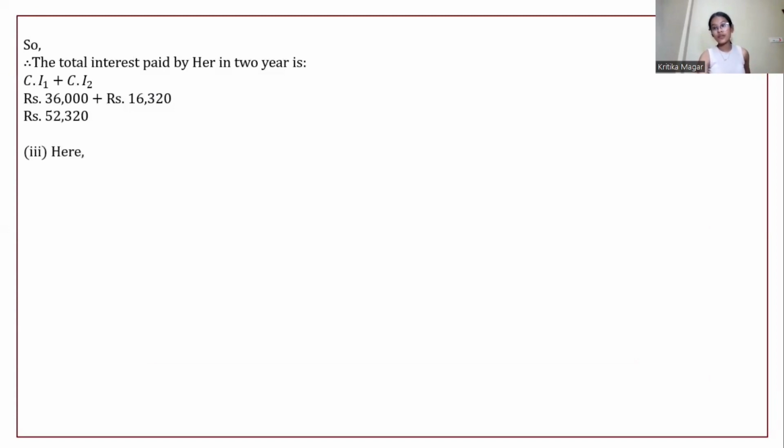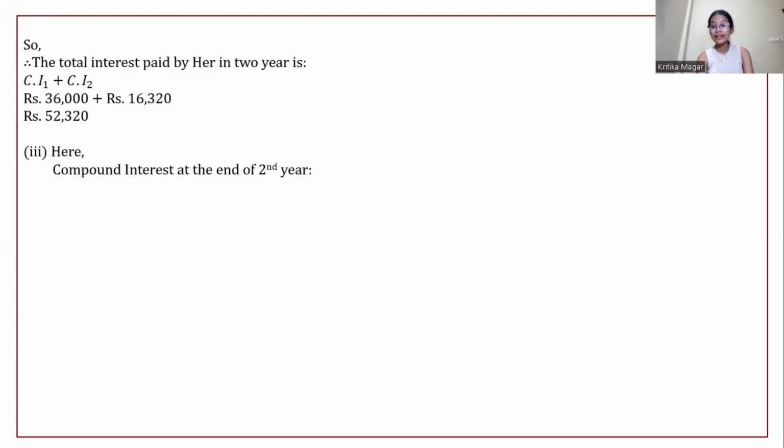Now, for the third question, the question goes like this: if she had paid the loan only at the end of the second year, how much less or more interest would she have to pay? So the question says that if she had not paid the 2 lakh earlier and paid directly at the end, how much less or more would she have to pay?